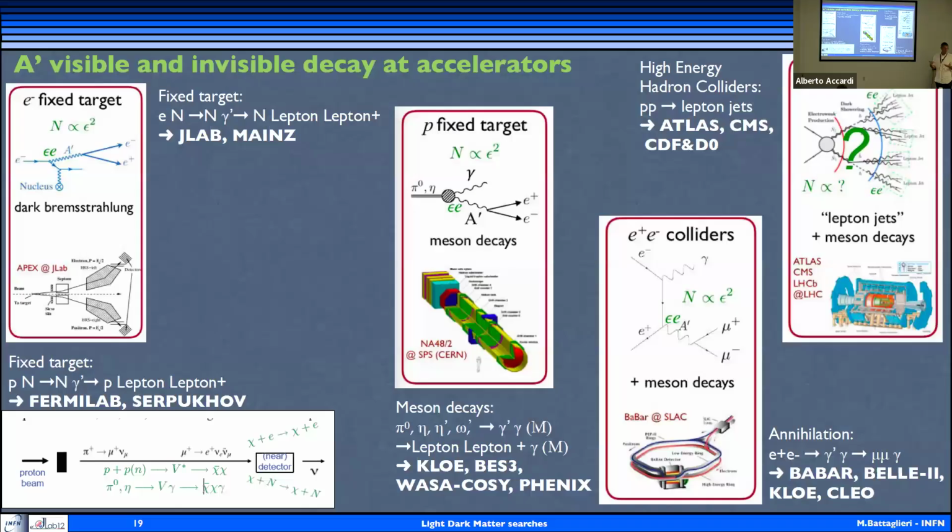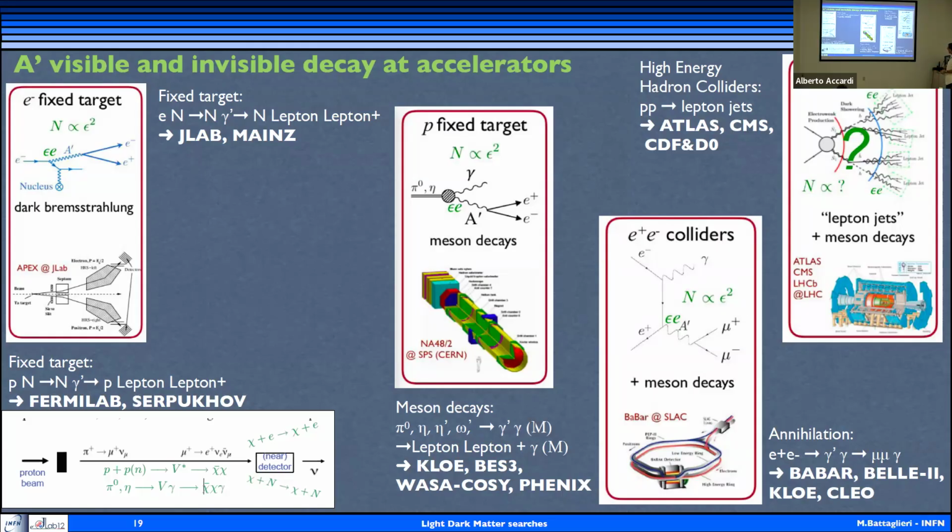Because we want to look for the dark photon, you need to start from a photon, so you need pi zeros, etas, or particles that likely decay in gammas. You produce a lot of mesons, and then you put stringent limits if you don't see any gammas transforming into e+ e- pairs resonating at a certain mass.